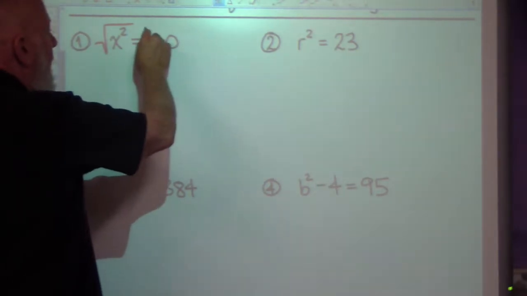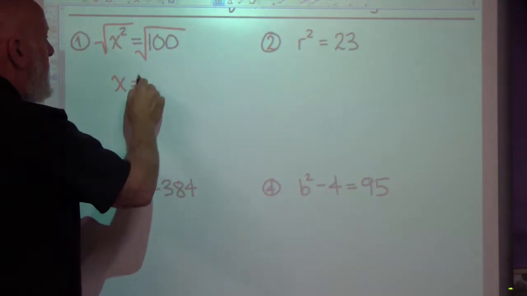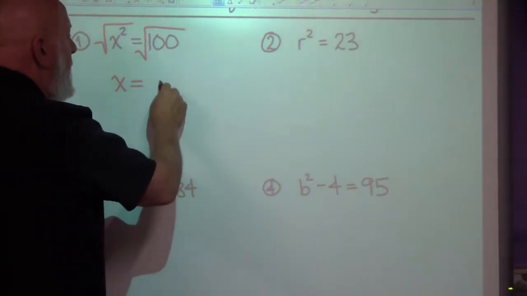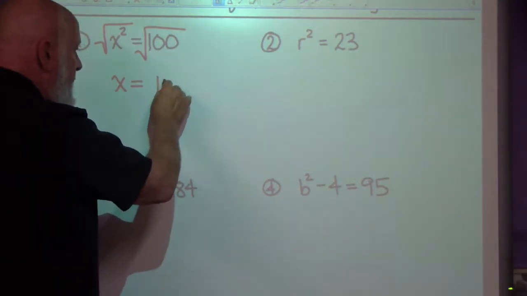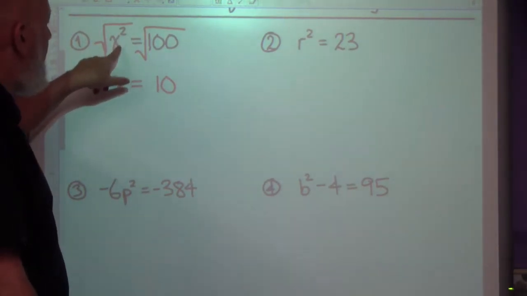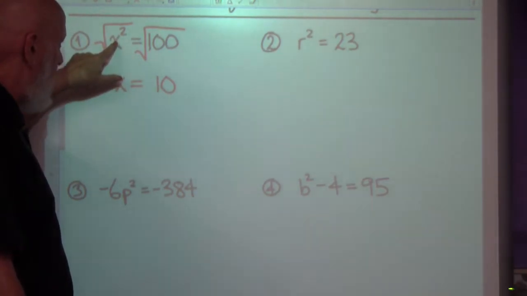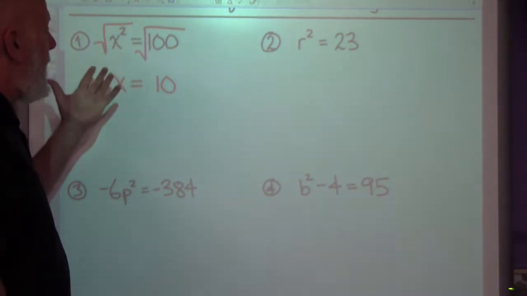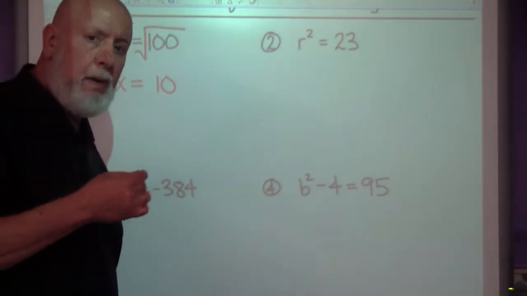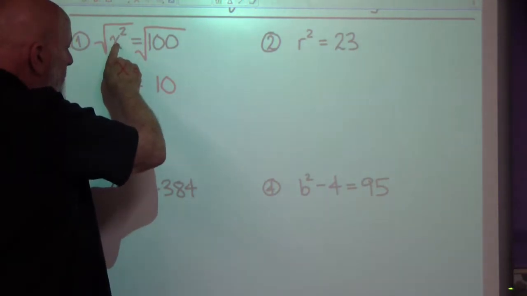Now when I do that, I've got to stop and think. x equals, well, what's the square root of 100? We all know that's 10, because 10 times 10 is 100. So if I plug in a 10 right here, 10 squared is 100. But if we stop and think for just a second, we'll realize there's also another value we can put in here.